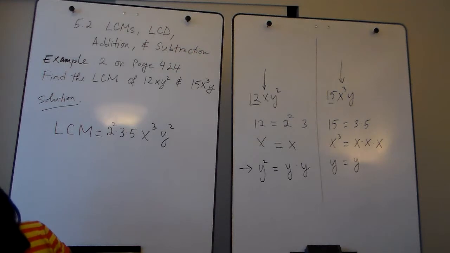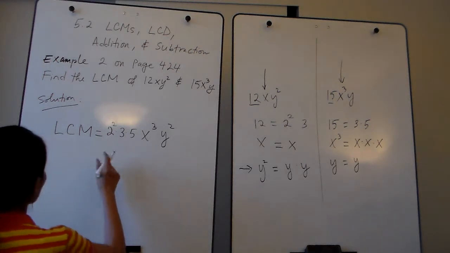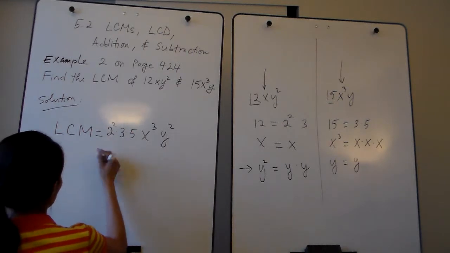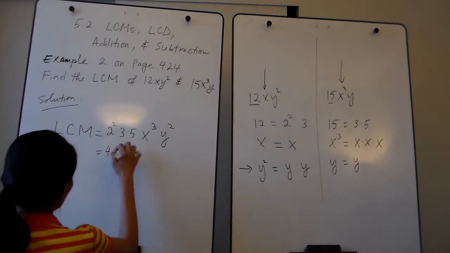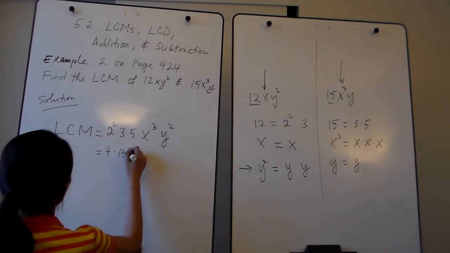In your books, they do simplify. So you simplify this. 2 times 2 is 4, or 2 squared is 4. 3 times 5 is 15.